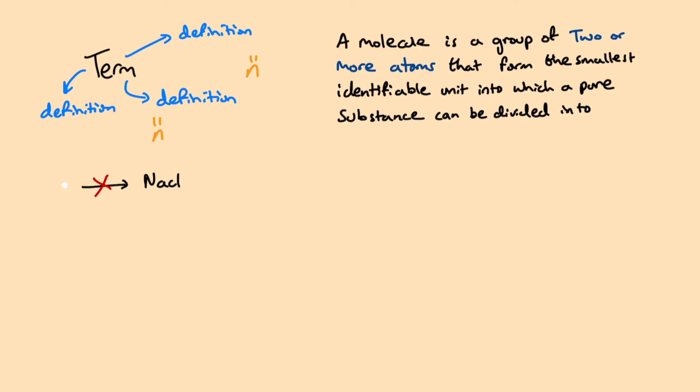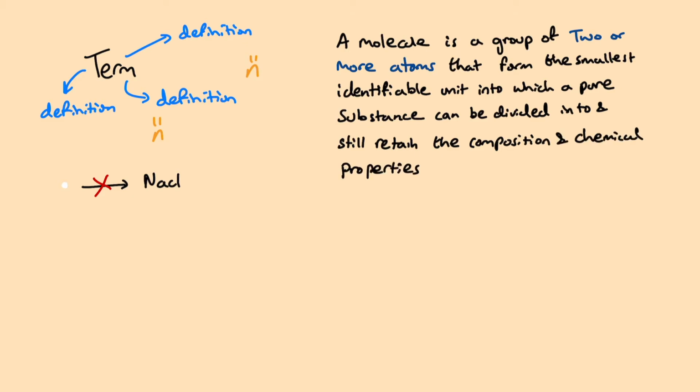And also, that smallest identifiable unit retains the composition of that pure substance, and it also retains the same chemical properties of that substance. The three key parts of this definition are that this molecule is the smallest identifiable unit of a pure substance, and that it retains the composition and the chemical properties of the pure substance.